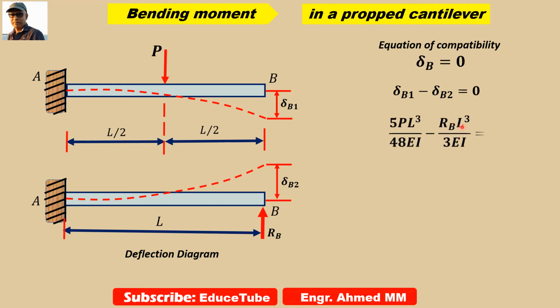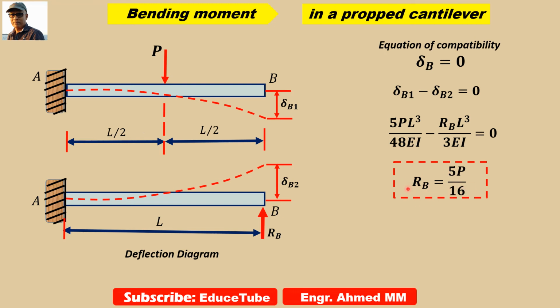So already we got the del B1 value, this and this, in the previous slide. So we brought those two values and set them equal to 0, and putting this on the right hand side and cancelling what is common, we can find RB equal to 5P by 16.